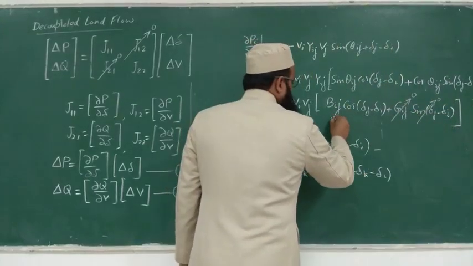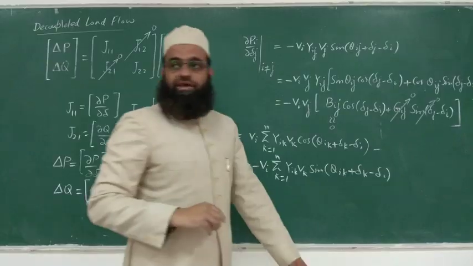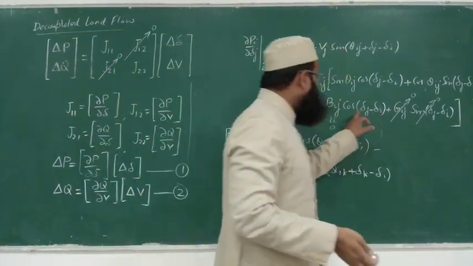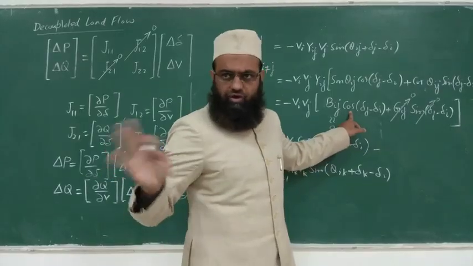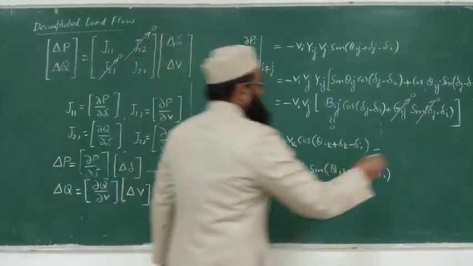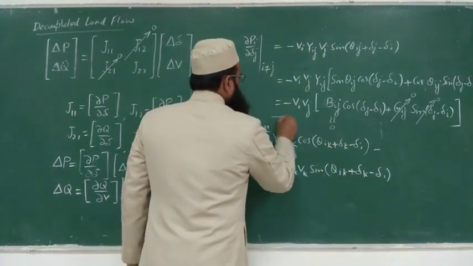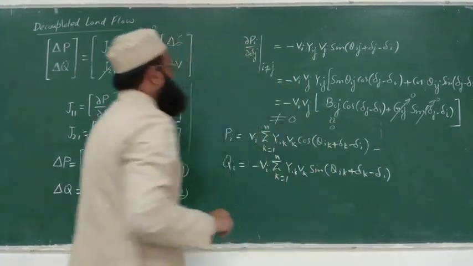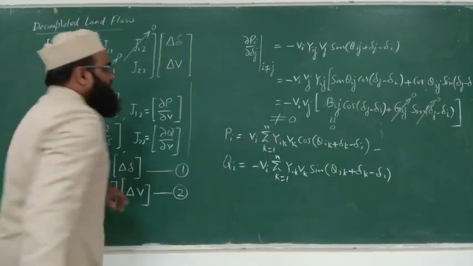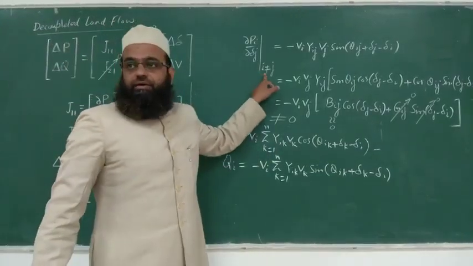This is not equal to 0. For a very small value of δ_i minus δ_j, cosine is nearly equal to 1, non-zero. So overall, this is not equal to 0. That is J11, for this case, i is not equal to j.